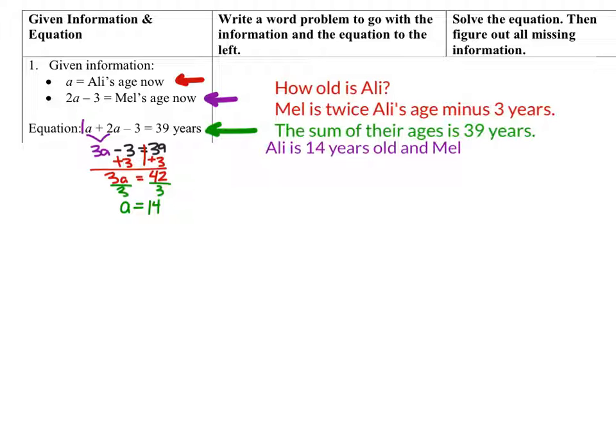So that's 2 times 14, which is 28. And then minus 3. 25, right? Mel is 25 years old. Bam. And that would be the whole problem for these. Because we have our word problem, we solved the equation, and we found all the missing information.